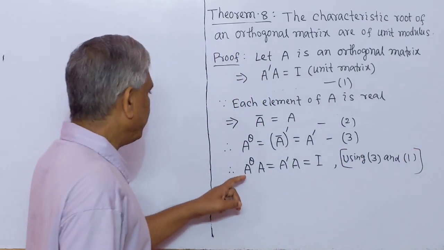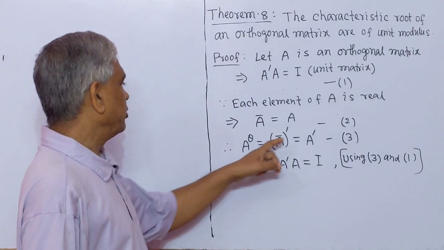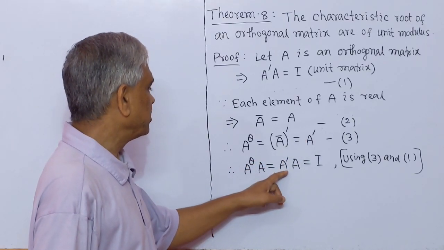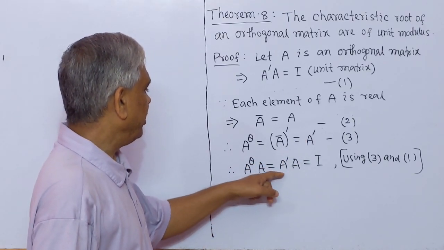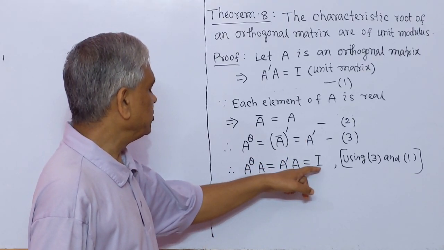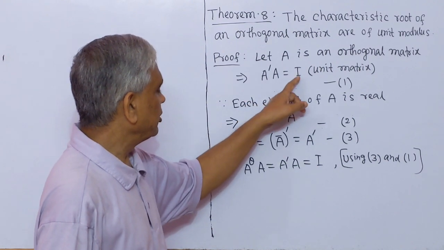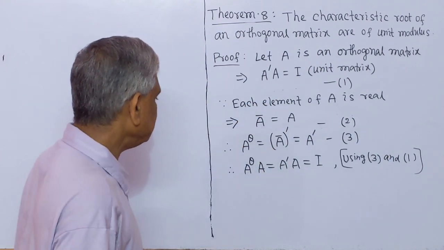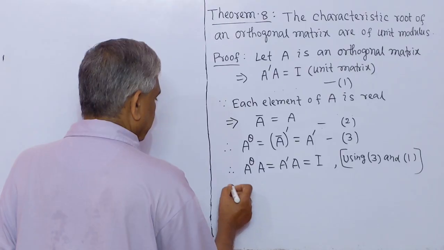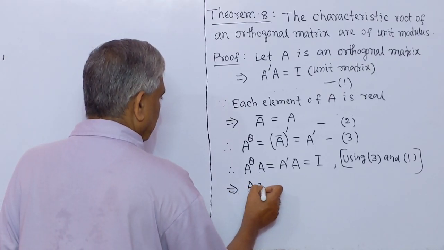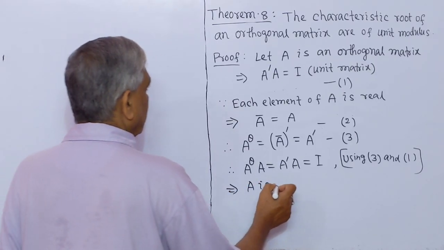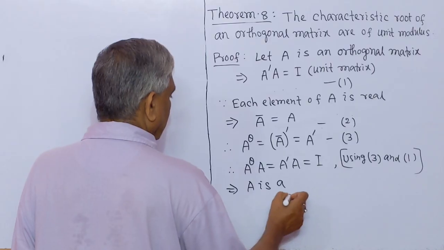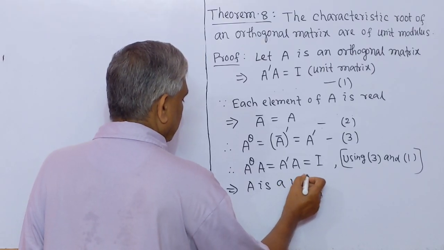Here A^θ = the transpose of A, using theory, and the product of these two is the unit matrix I, using 1, which implies that A is a unitary matrix.